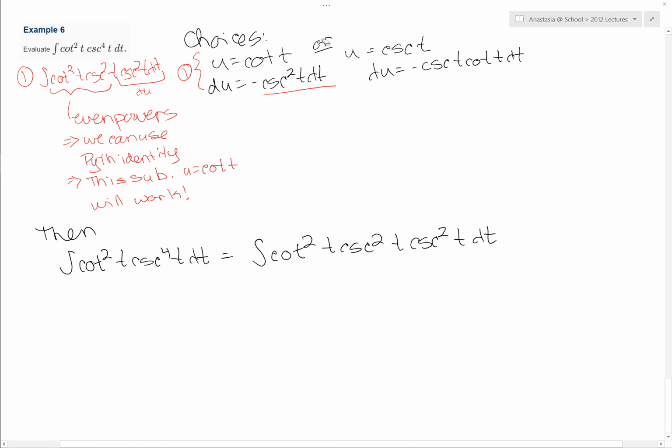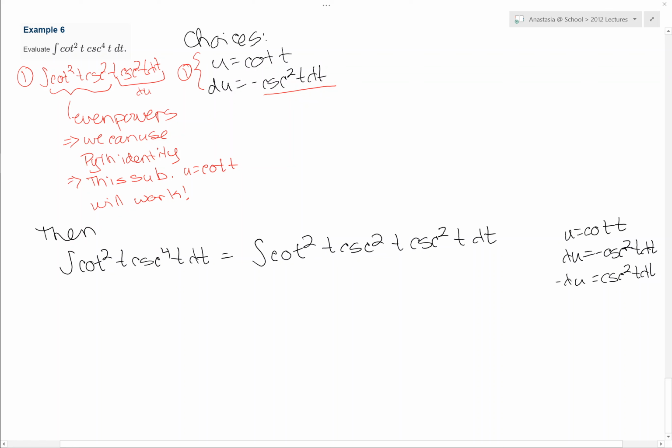So you can either erase the other choice of u that you had originally written up above, or you can rewrite your u here. So u equaling the cotangent of t, du is negative cosecant squared t dt. Rearranging the negative sign, we get negative du equals cosecant squared t dt.